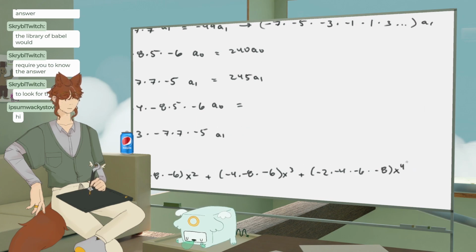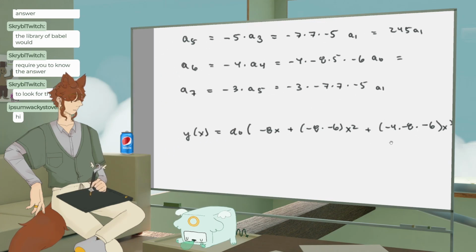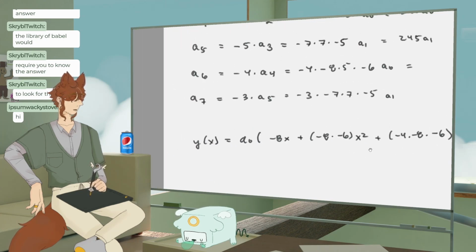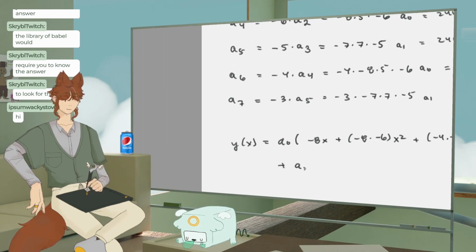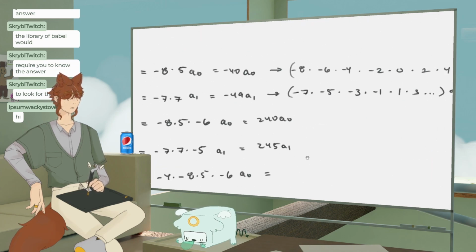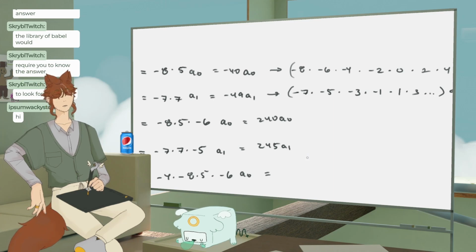This is bad though, is the thing. I don't like that at all. It's so long it doesn't fit on the whiteboard. And then plus a 1, and then we have to do a sum. So how do I do a factorial of this? I guess I could split it up by saying add this and then do the factorial there.